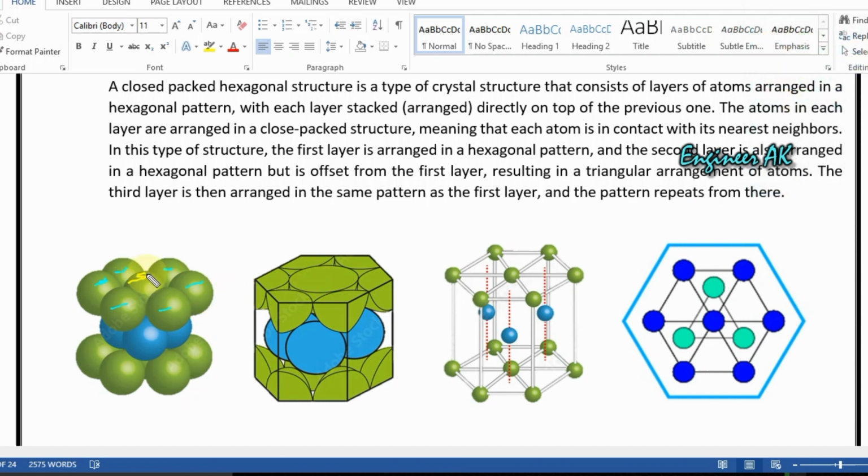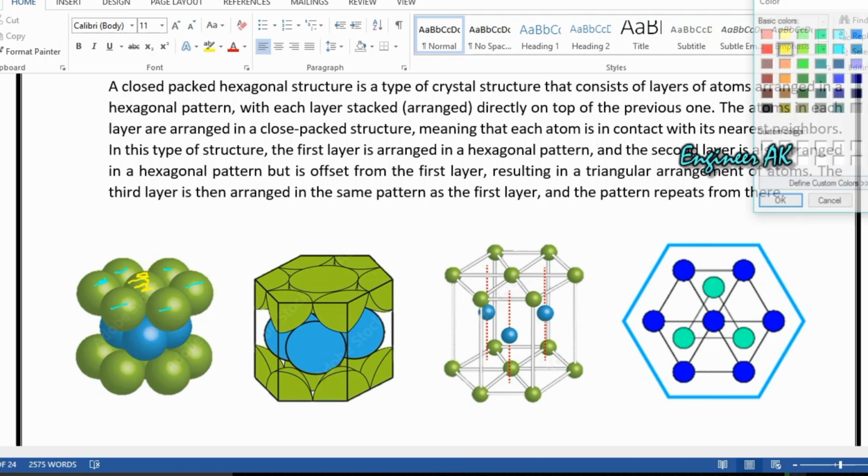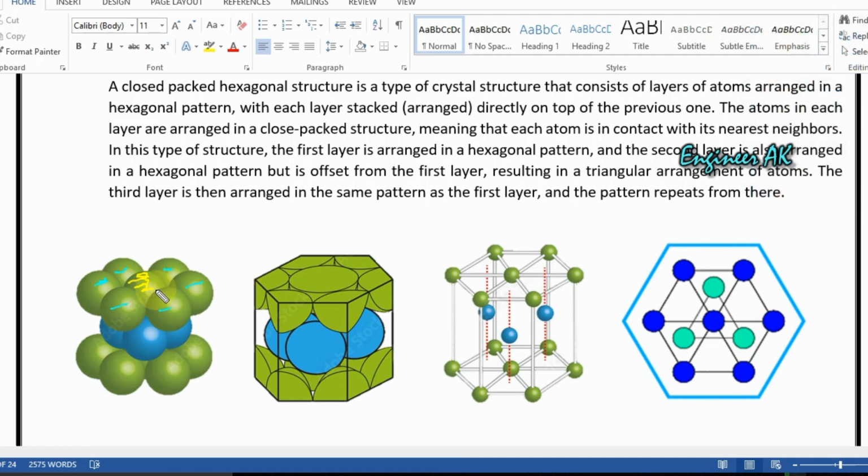This is the central atom over here, the yellow one. Now we can see that there are 6 atoms, right? And below this atom, here are 3 atoms, 1, 2 and 3, and you can also see here 1, 2 and 3. These atoms are arranged to this one, right? So here are 3, and above it there will also be 3.